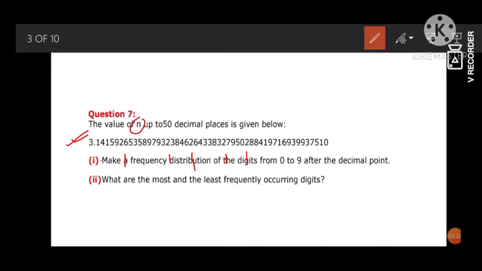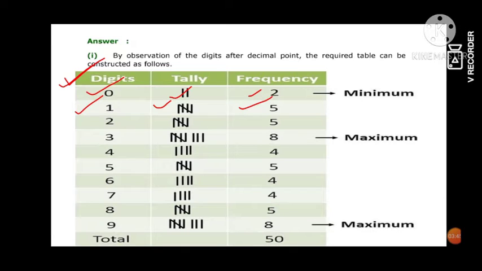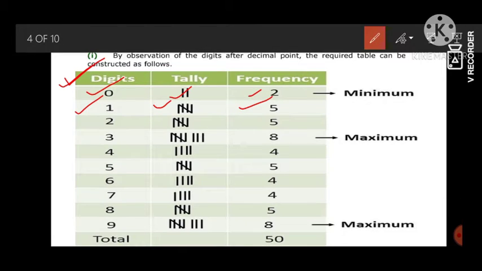So 5 times the number 2 is repeating itself. Oh, I accidentally cut 6, it is 2. So you can see it is repeating itself only 5 times. So the digit is 2, the tally is of 5 and the frequency is 5.